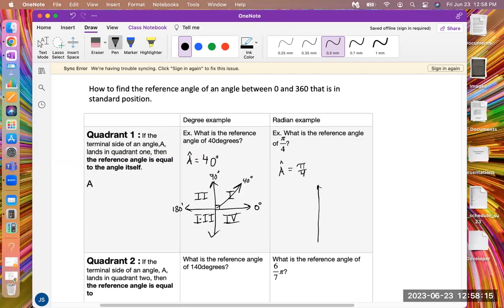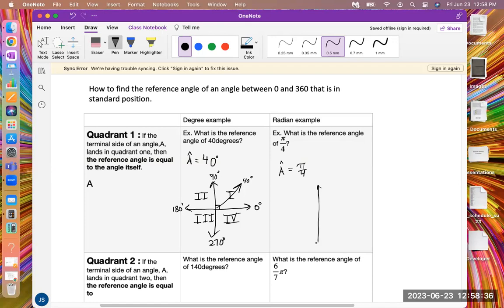If you add 90 again, you get 270. So any angle between 180 and 270 is a quadrant 3 angle, and any angle between 270 and 360 is a quadrant 4 angle.